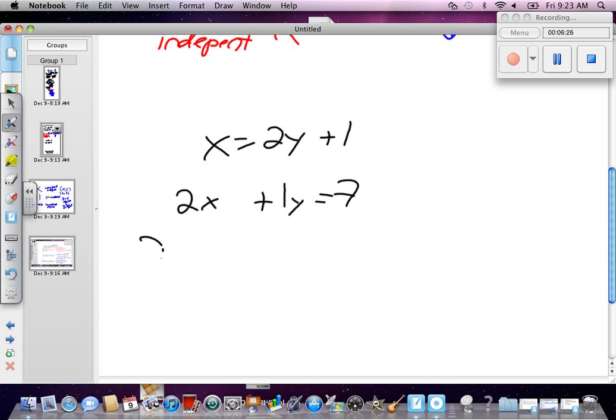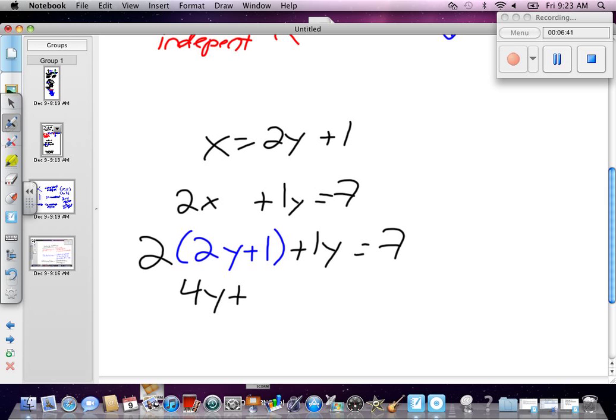I'm going to say 2 times 2y plus 1 plus 1y equals 7. So first thing I'm going to do is distribute. 4y and 1y are like terms, so I put them together.